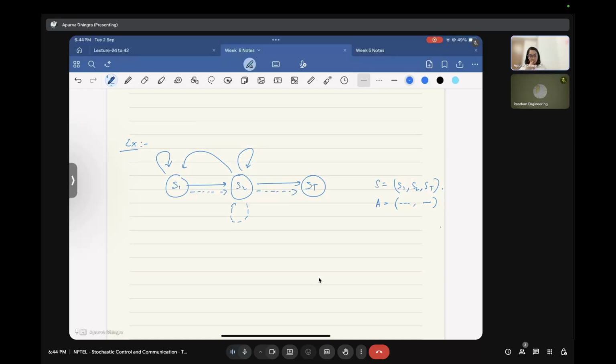Now if we were to focus only on Markov deterministic policies, we know the number is not that big. What was the number?